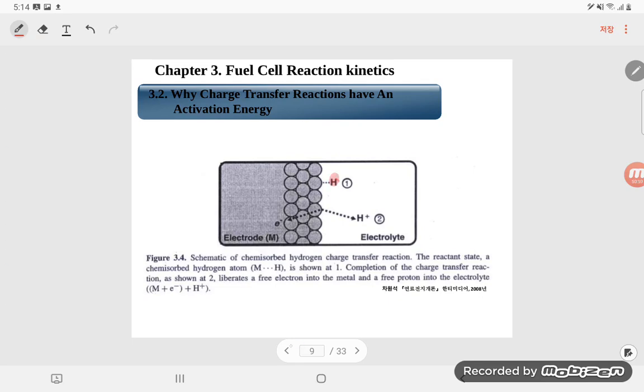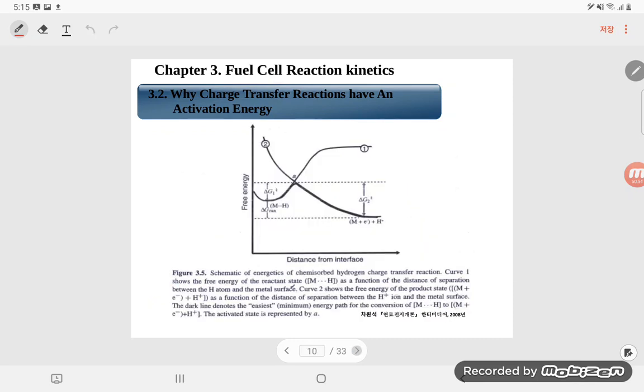The hydrogen atoms, right? The hydrogen atoms firstly can be adsorbed onto the electrode surface, and they are decomposed into electron and hydrogen ions. So this is the schematic of the chemisorbed hydrogen charge transfer reaction. The reactant state, a chemisorbed hydrogen atom, MH, is shown at 1, and completion of the charge transfer reaction as shown at 2 liberates the free electron into the metal and a free proton into the electrolyte.